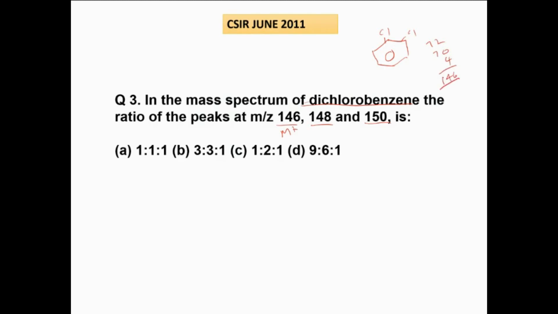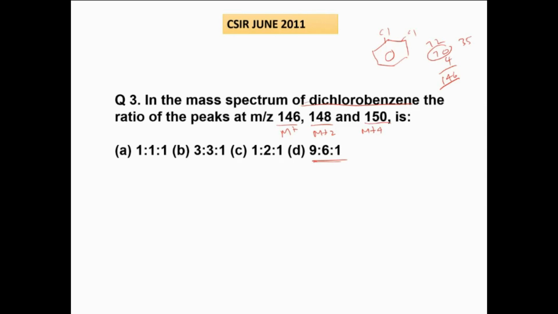So 146 corresponds to both chlorines being 35. This is M plus 2, and this is M plus 4. We have already worked this out, so you don't need to study or solve it again. And as she has already told you, this is very clear. Everybody knows this.